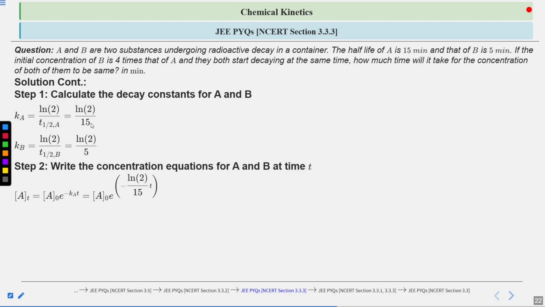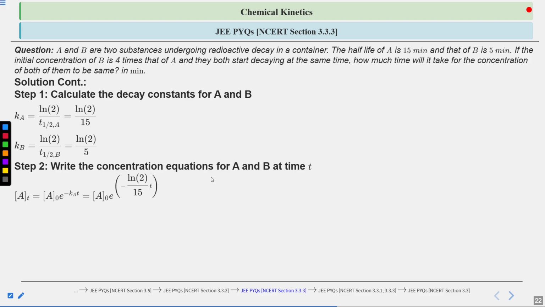So Ka value we just calculated here, ln2 by 15 multiplied by t, right? ln2 by T half we take because, as I said, radioactive decay follows first order kinetics, and in first order kinetics the half life of a reaction is equal to ln2 by k. From there we are taking ln2.